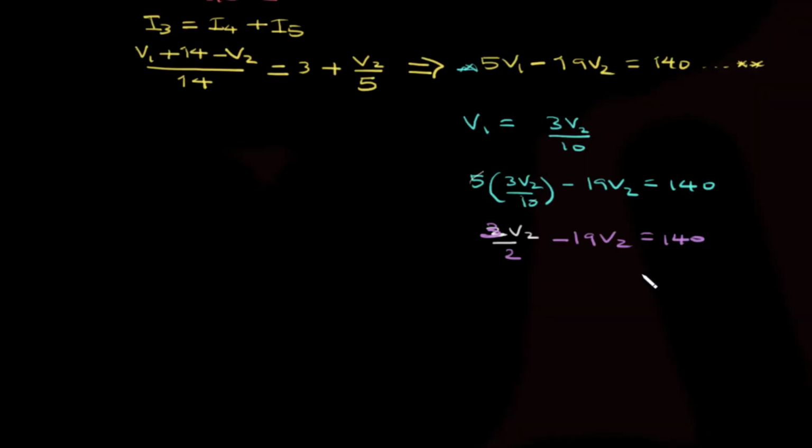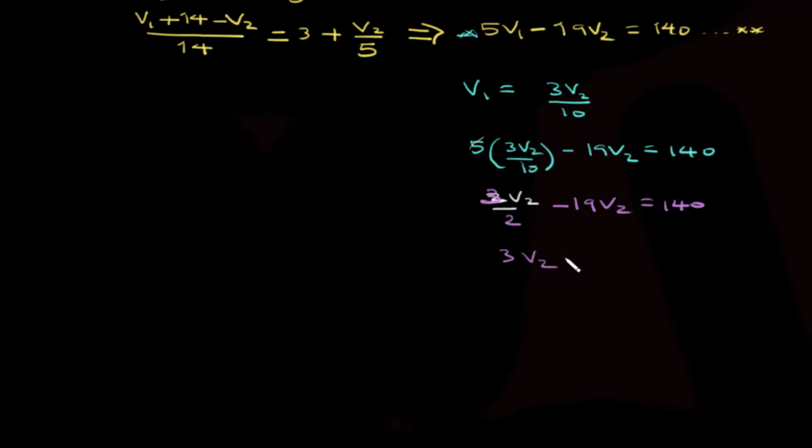So this is similar to 3 V2 minus 38 V2 equals 280. Add these two together, you get minus 35 V2 equals 280. So V2 equals minus 8.